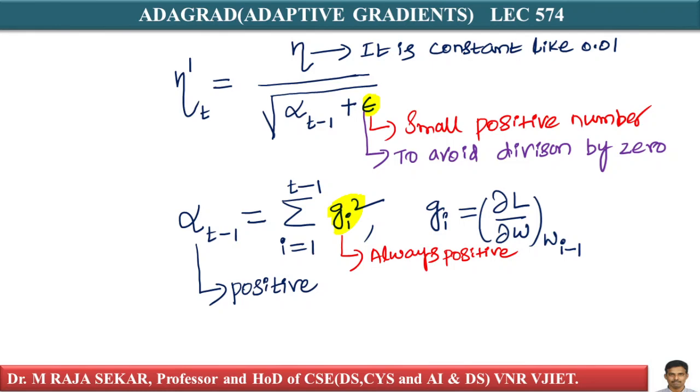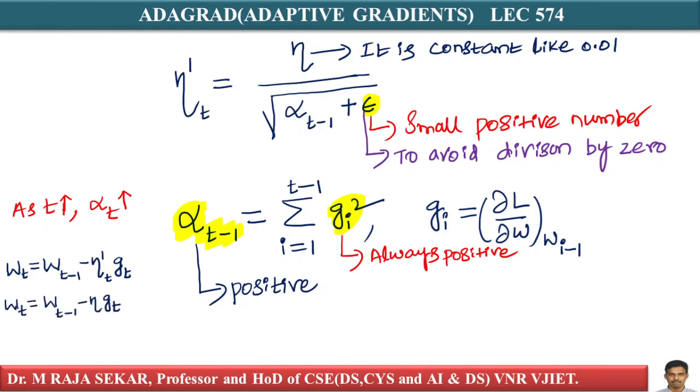If you look at the whole story, what we are saying here is this update equation. Wt equal to Wt minus eta dash t into gt. This is the update equation of Adagrad.